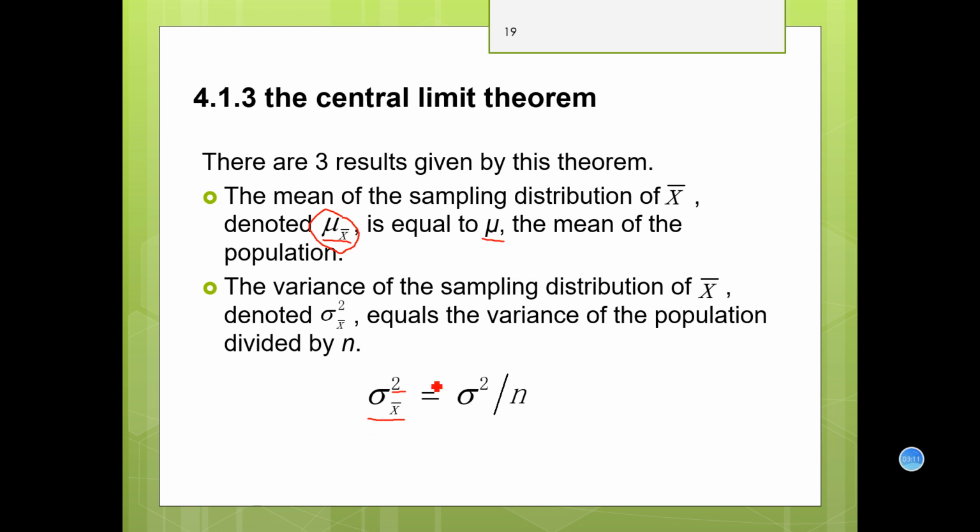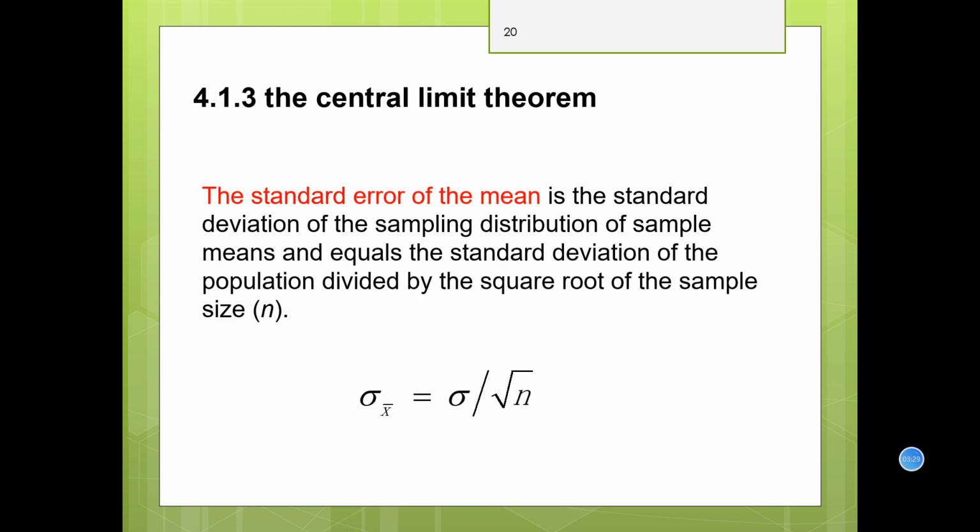So the variance of x bar equals sigma square, which is the variance of the original data, divided by the sample size, little n. And the standard error of the mean, denoted by sigma x bar, equals sigma over square root n.